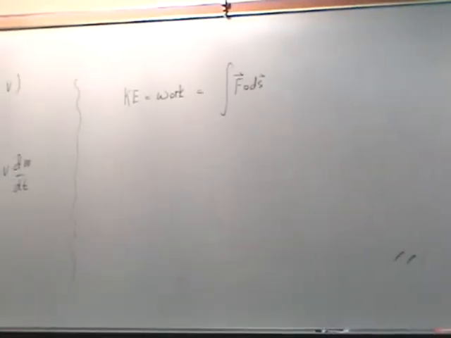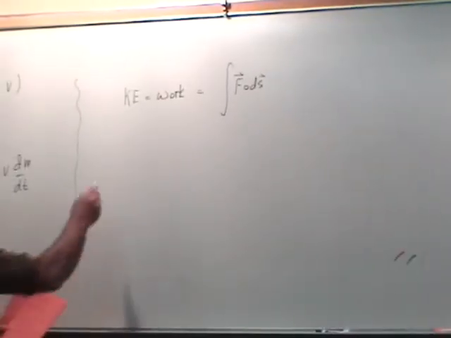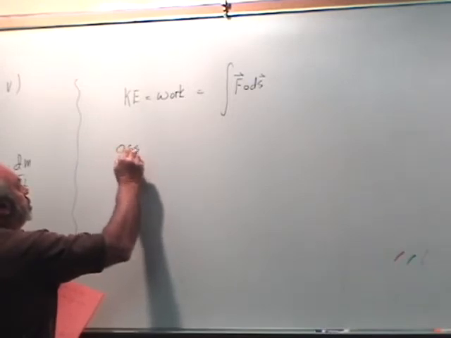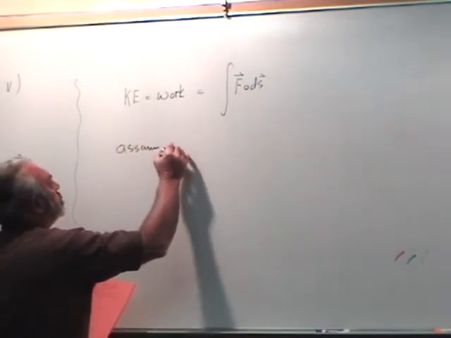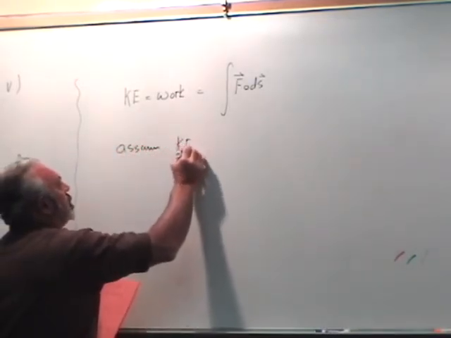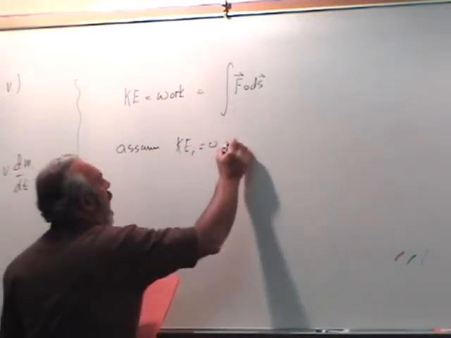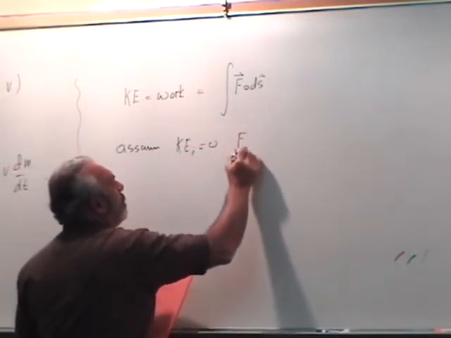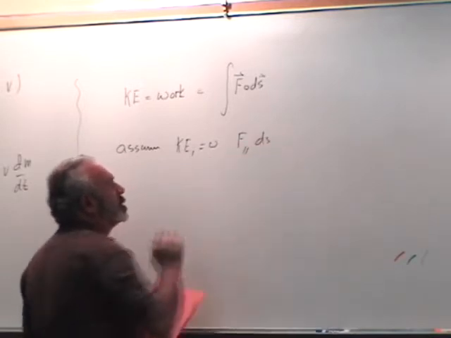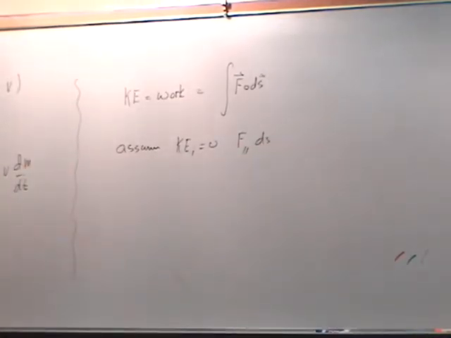Let us assume for just a moment that kinetic energy initial was 0, and that F is parallel to ds. So now we're assuming that we simply apply the force parallel. We're not going to worry about components at that point.